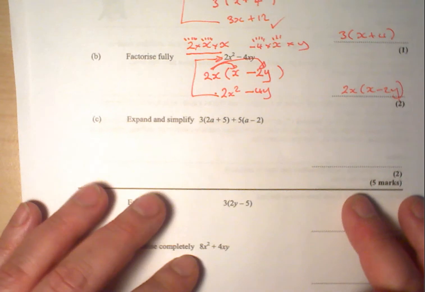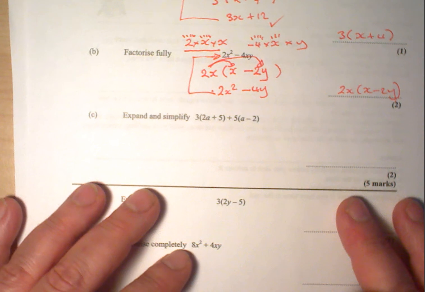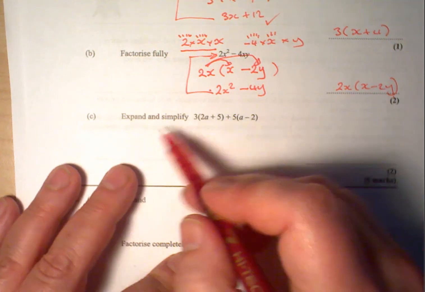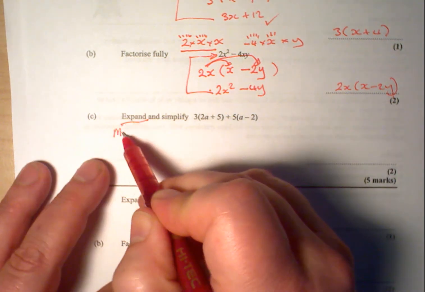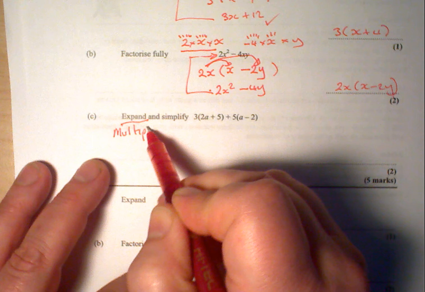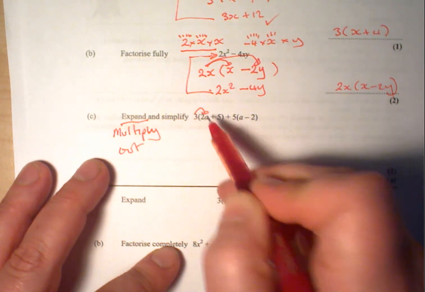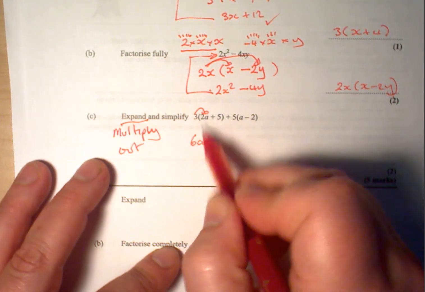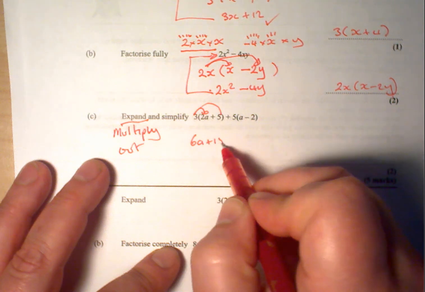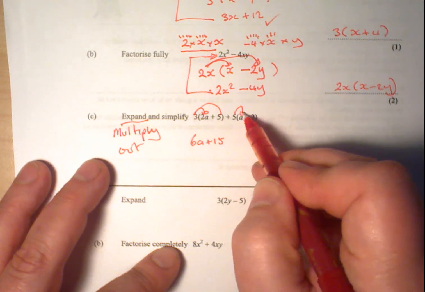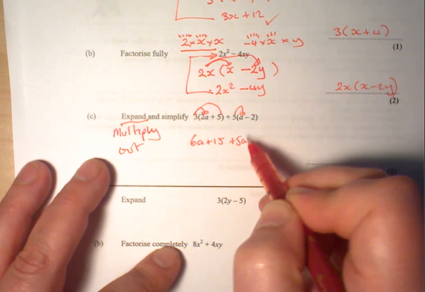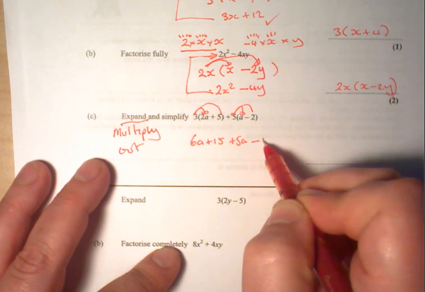Okay, now let's finish this page off. Here, first of all, I have to expand. That means multiply out. So 3 times 2a is 6a, 3 times 5 is 15. 5 times a is 5a, and 5 times minus 2 is minus 10.